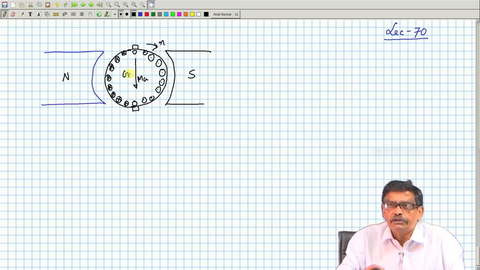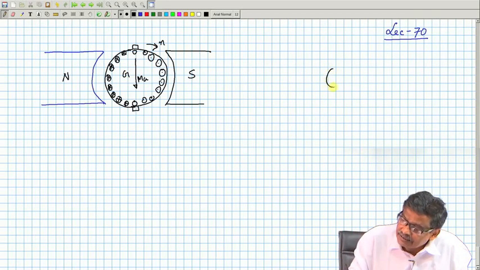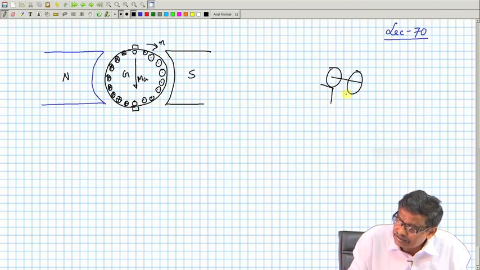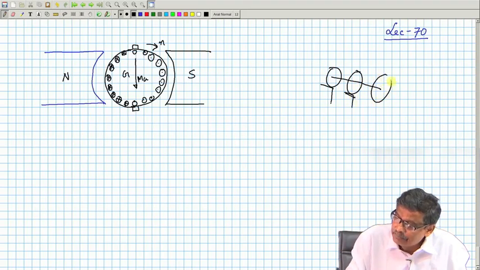Slip rings are continuous rings, 3 slip rings will be there, and there will be fixed brushes, which I am showing like this. 3 slip rings and 3 brushes. These are continuous rings.